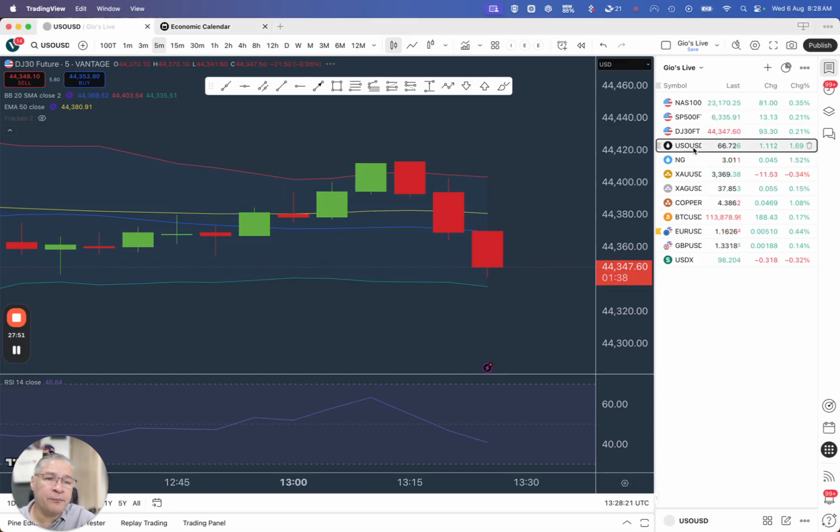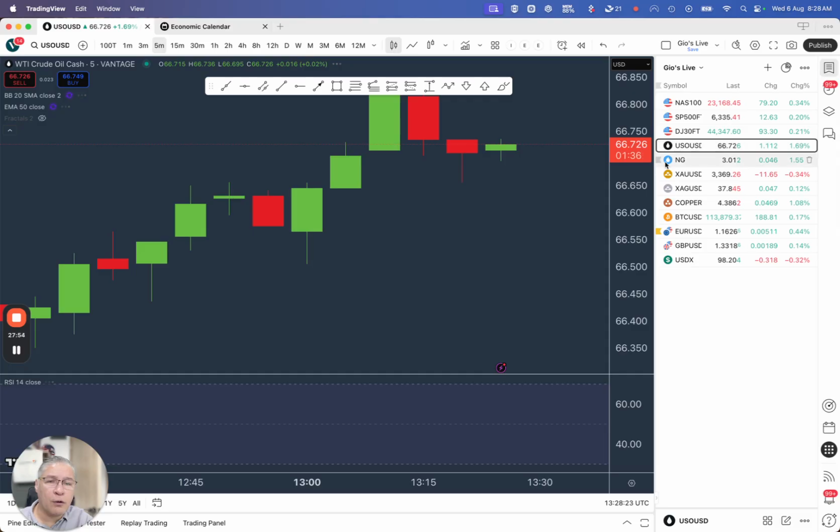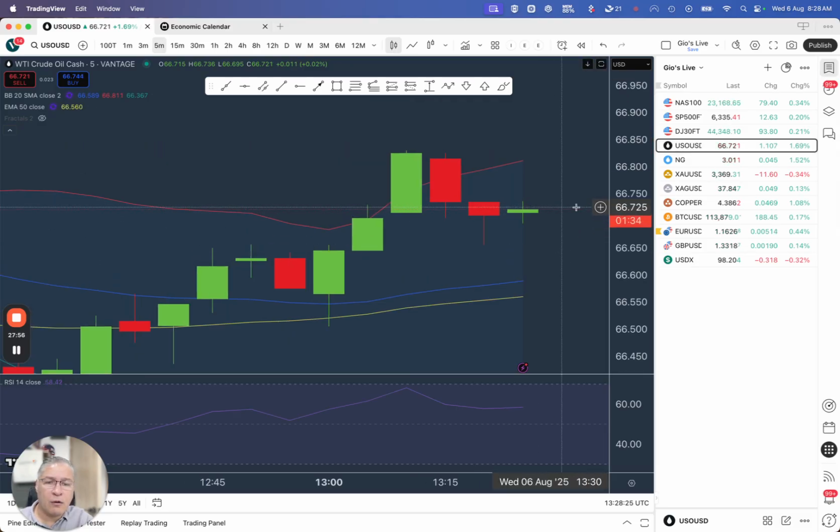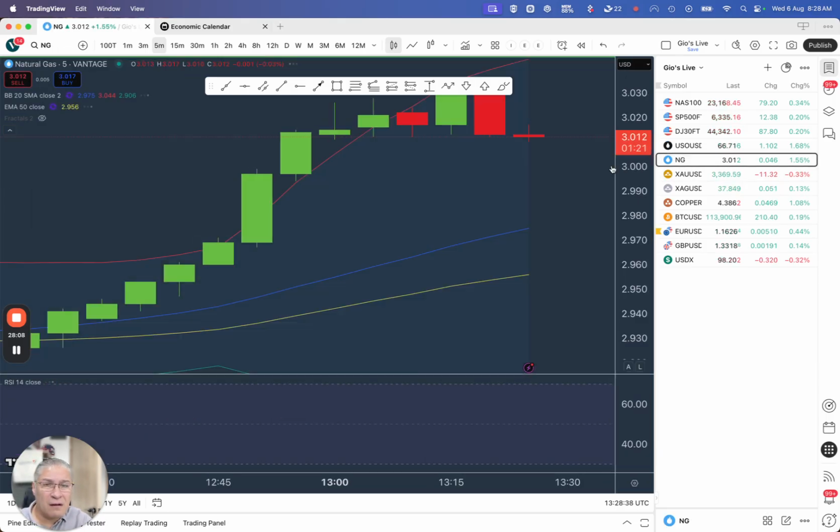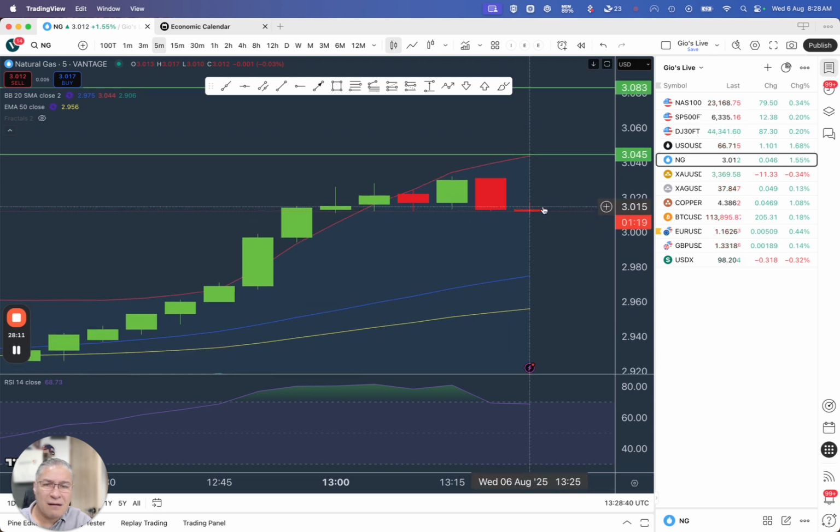So therefore, let's see if the crude oil is moving higher. Well, we have the averages way below the market, and basically the asset is just trading sideways, choppy, waiting for a catalyst. Nat Gas. Look at Nat Gas, how it's creating a floor. Now, will this floor be broken as the market opens?